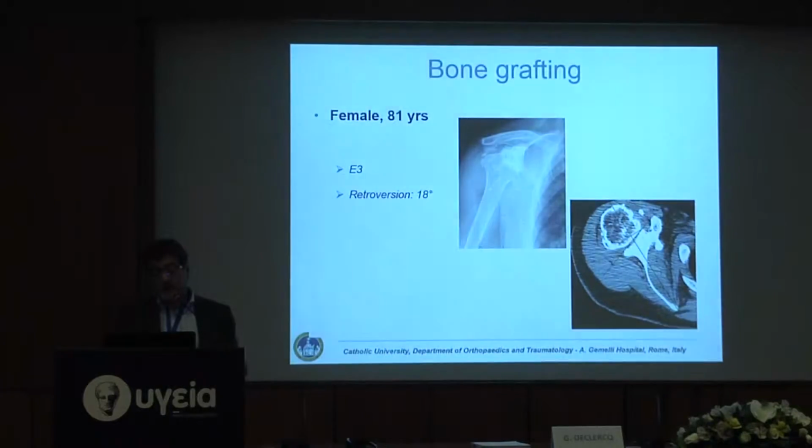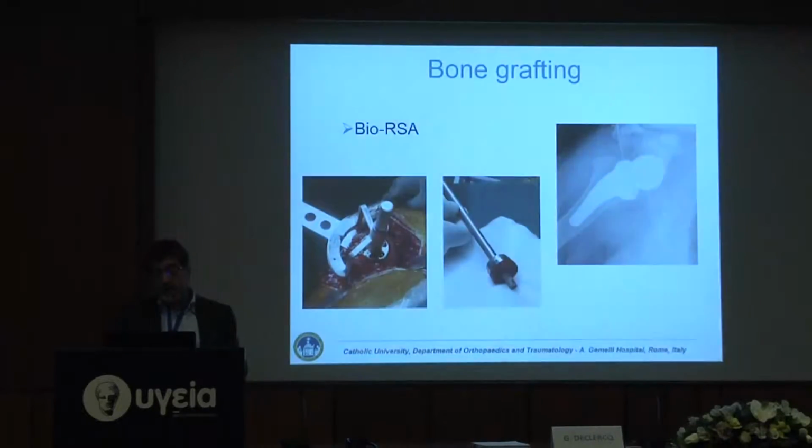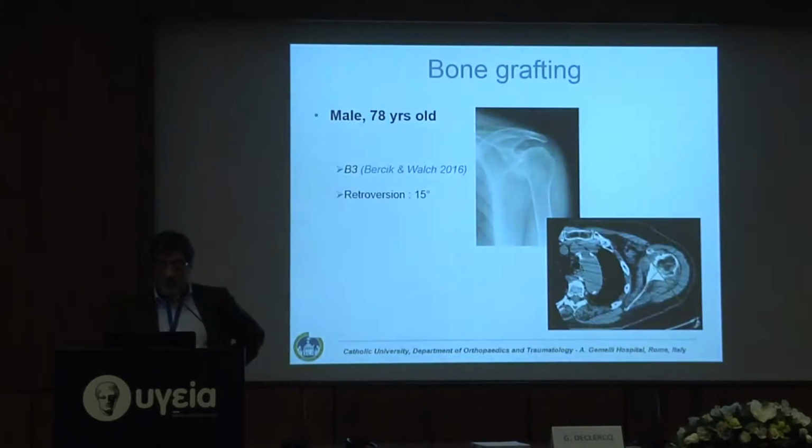This is a case of a B3 glenoid with a retroversion of 18 degrees. This is an 81-year-old lady, and we prefer to use in this case a bio-RSA, and we sized the asymmetric bone graft to have a complete match with the glenoid wear. This is another B3 glenoid with a retroversion of 15 degrees, and this patient had a previous rotator cuff repair with a migration of the suture anchor into the articular surface.